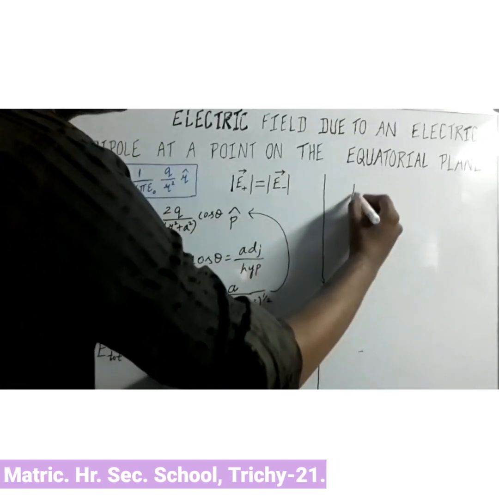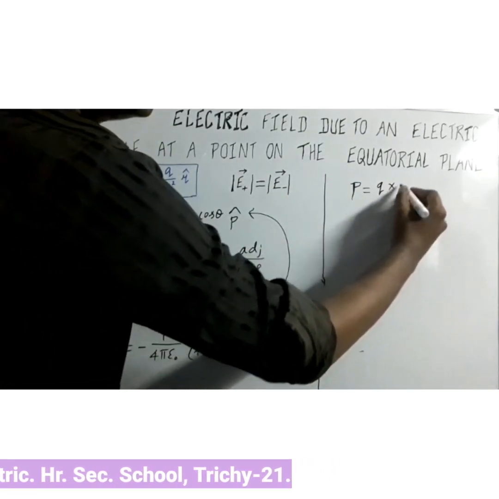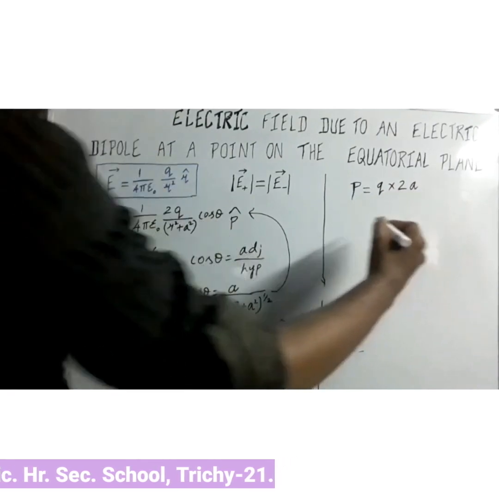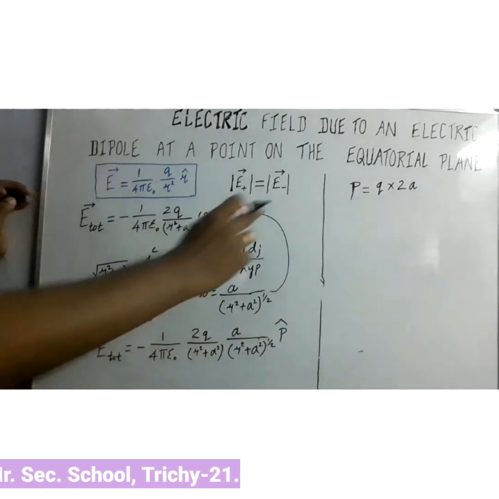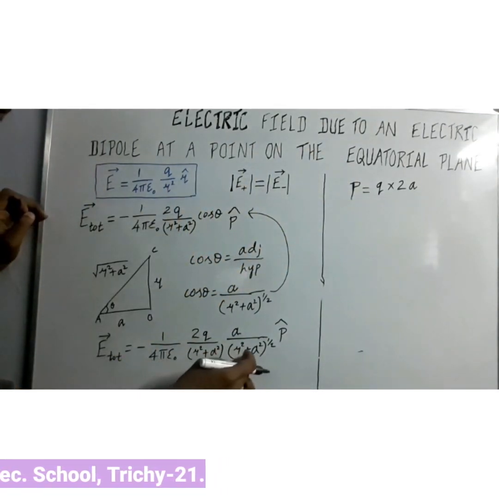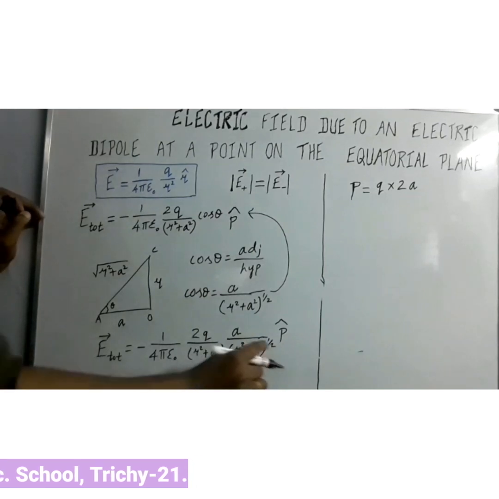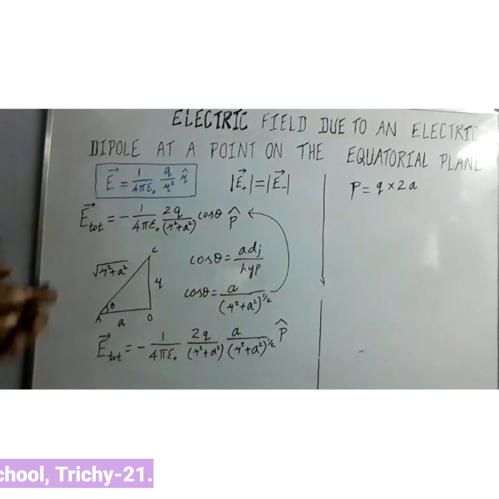We know that the dipole moment p is equal to the product of charge and the distance between the charges. So instead of 2qa we can write p, the dipole moment. Here we have r square plus a square into r square plus a square power 1 by 2, so the powers must be added. Here the power is 1, and 1 plus 1 by 2 is nothing but 3 by 2.